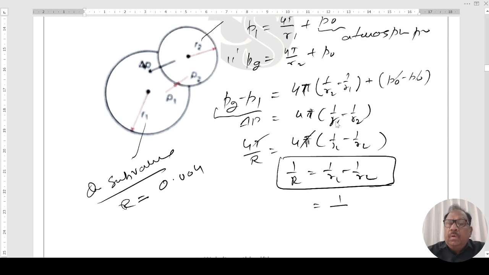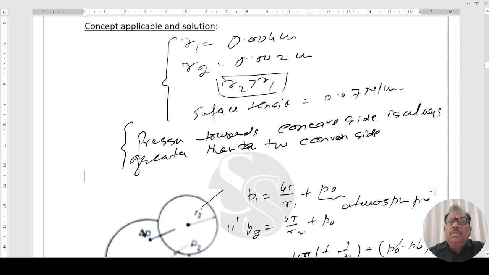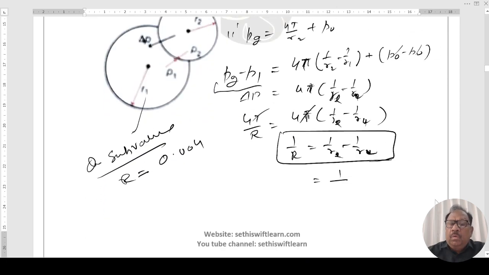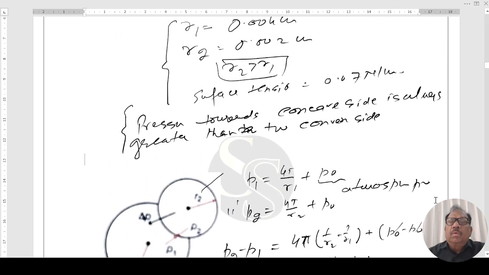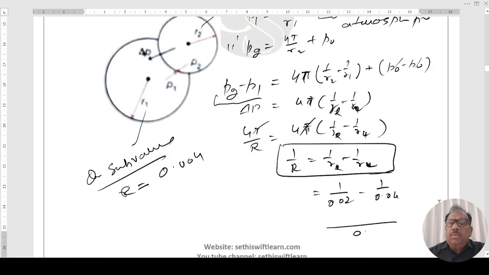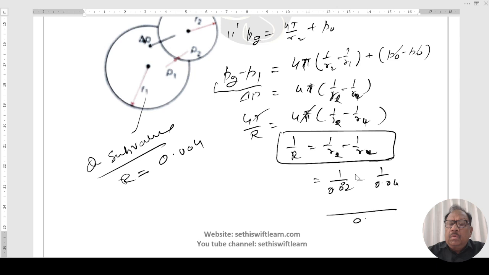So 1 upon R2 is 0.02, minus 0.04. Solve this, simplify and get the answer.